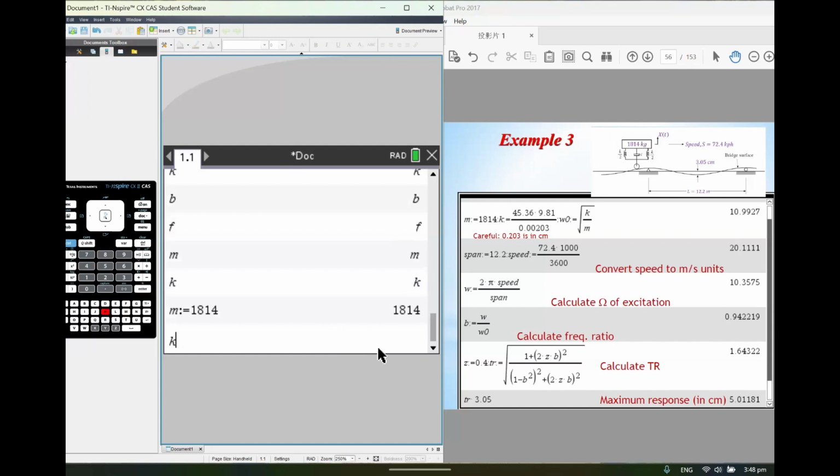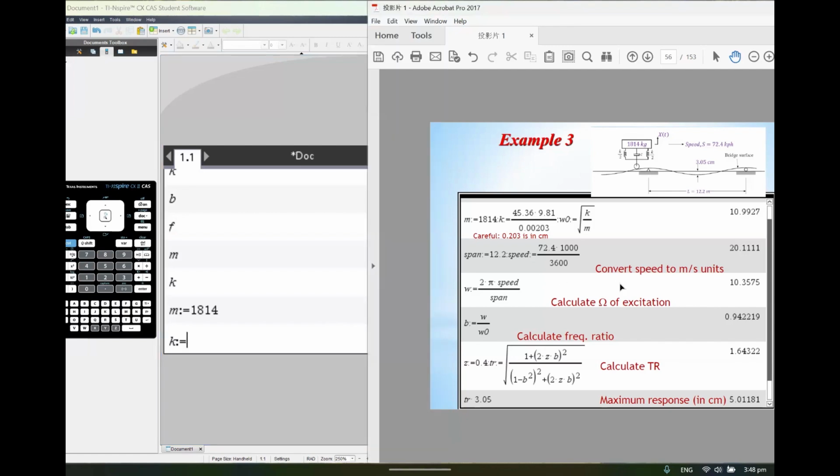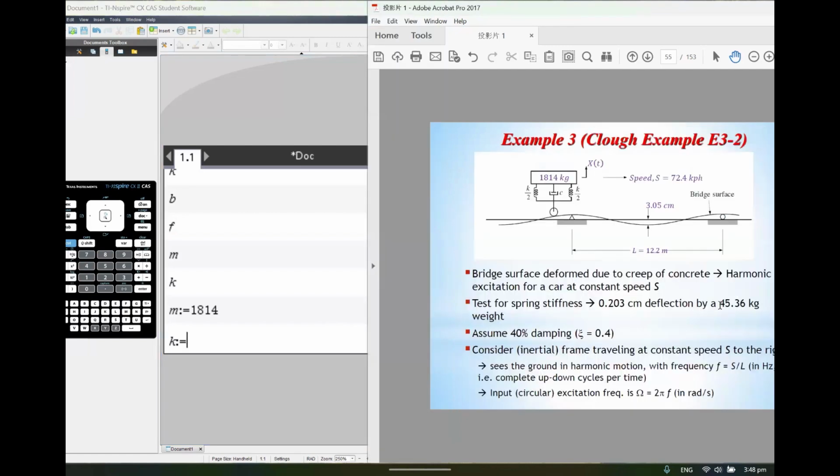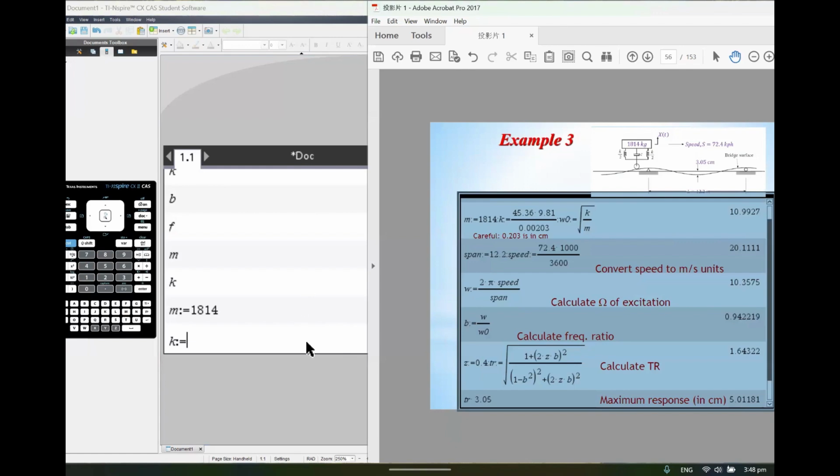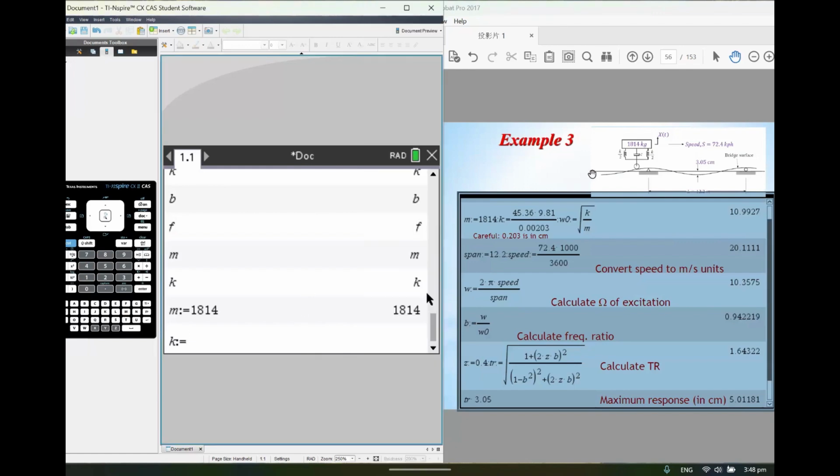Now, how do you determine K? Well, K was given experimentally. So let's take a look at it again. When you apply some external weight of so many kilograms, you cause so much deflection in cm. So be careful with the units here. So 45.36, that's in kilograms. Multiply that by 9.81 to get the amount of newtons applied to that car.